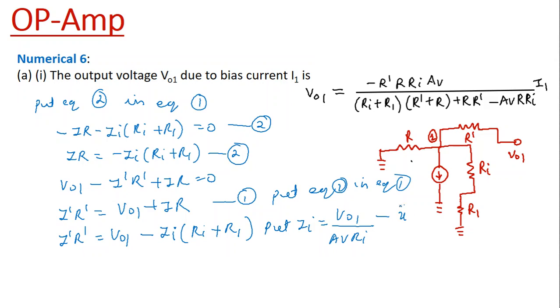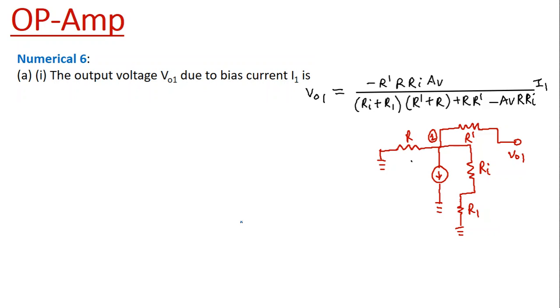This was our equation number X. So we get I dash R dash is equal to VO1 minus VO1 divided by AV Ri, whole multiplied by (Ri plus R1). Now from this equation we can find I dash.